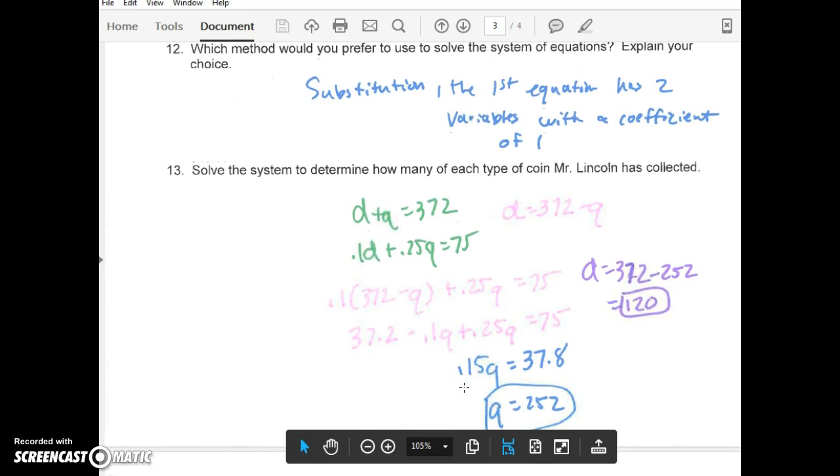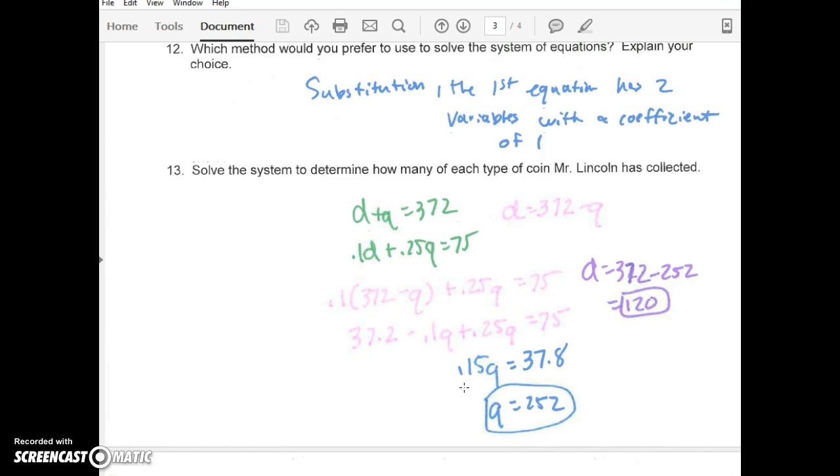Solve the system of equations to determine how many of each type of coin Mr. Lincoln has collected. So again, these are two equations rewritten down here so that we can keep track of the information. So I solved the first one, D equals 372 minus Q. I take that D and I plug it into here. 0.1 times 372 minus Q, plus 0.25Q equals $75.